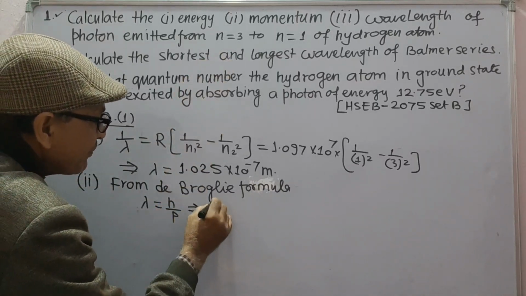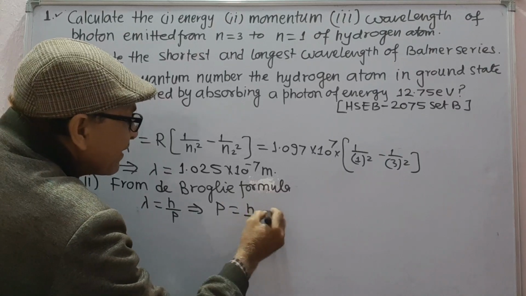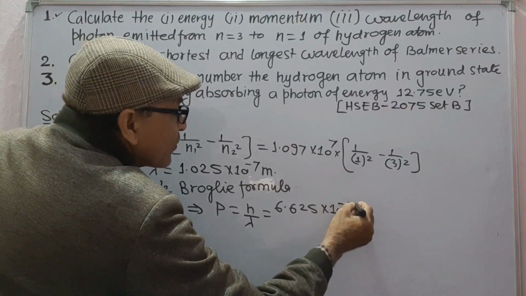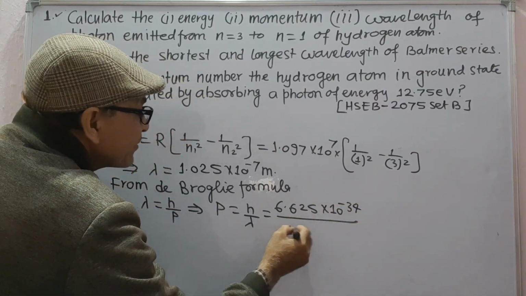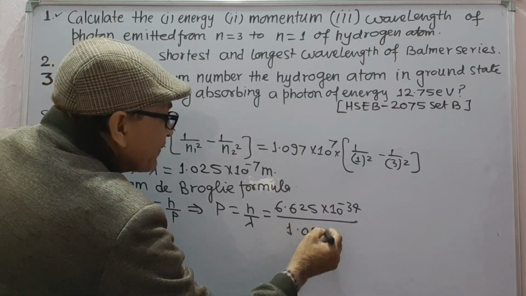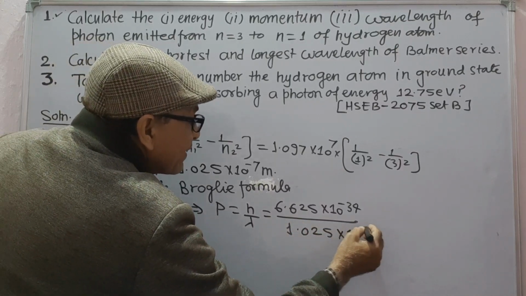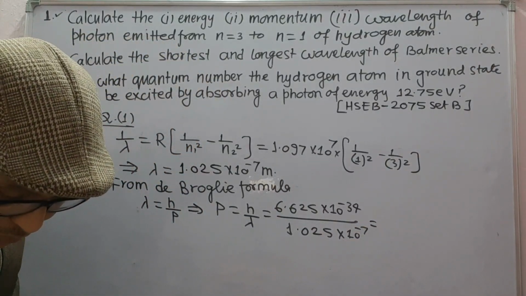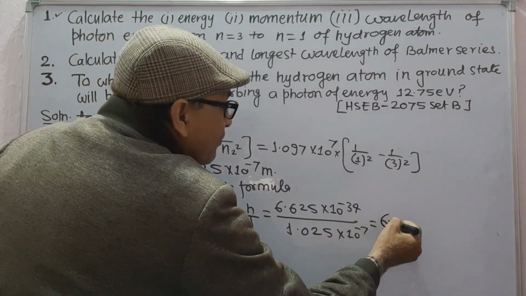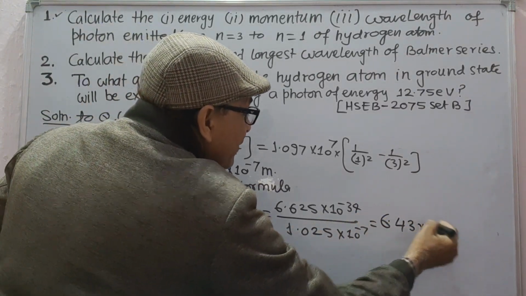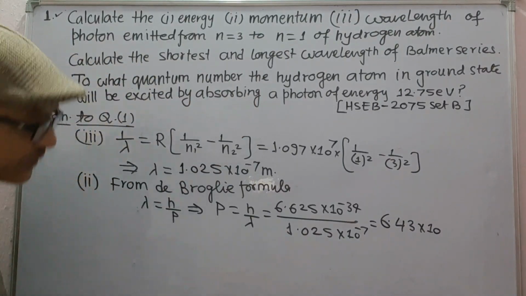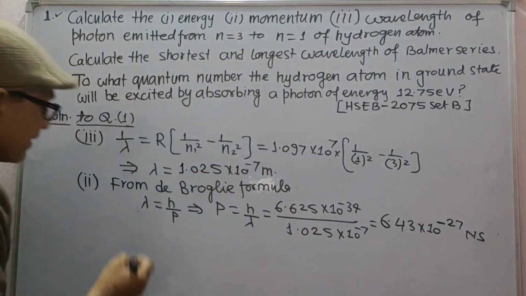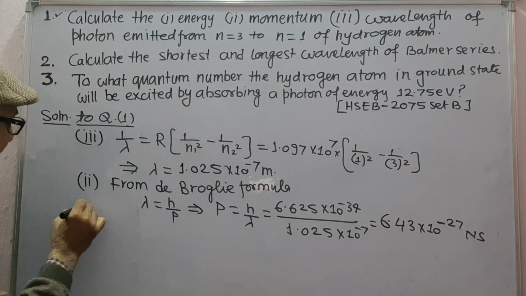Therefore, momentum p will be equal to h upon lambda. h is 6.625 into 10 to minus 34 divided by lambda. Lambda is 1.025 into 10 to minus 7. On simplification we get the momentum as 6.46 into 10 to power minus 27 Newton second.